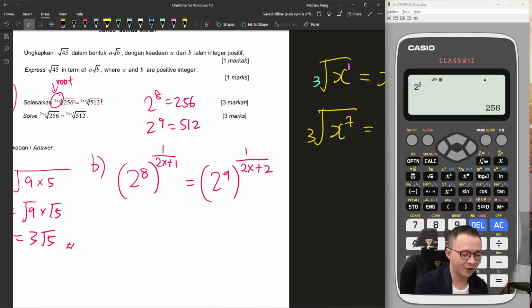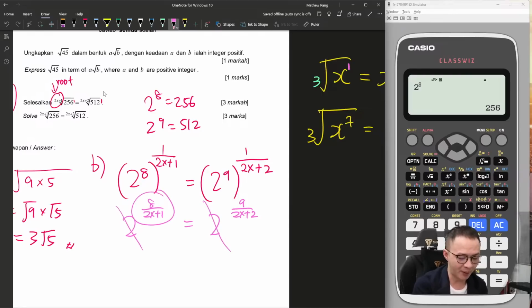If you got it, then we multiply the 8 into it. So this is 2 to the power of 8 over 2x plus 1 equals 2 to the power of 9 over 2x plus 2. Both have the same base, so I just compare their powers.